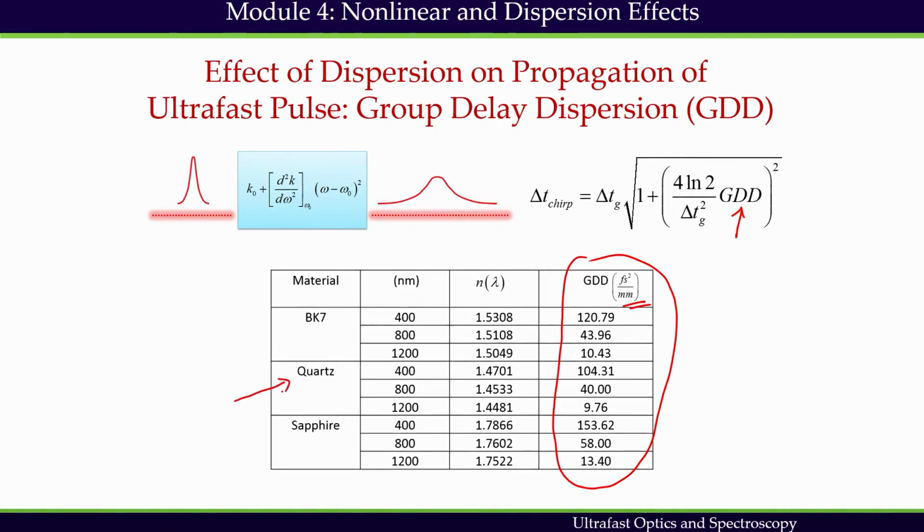For example, quartz at 800 nanometer can introduce 40 femtosecond square per mm of GDD. So all the terms are positive, and that's why this will always stretch the pulse.